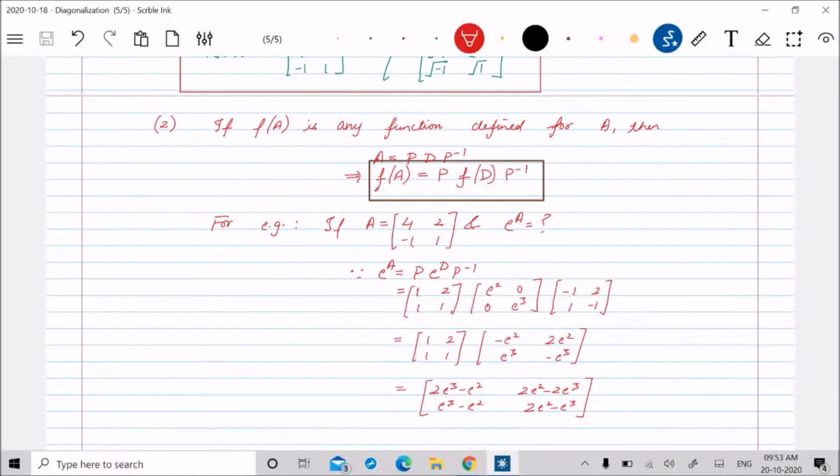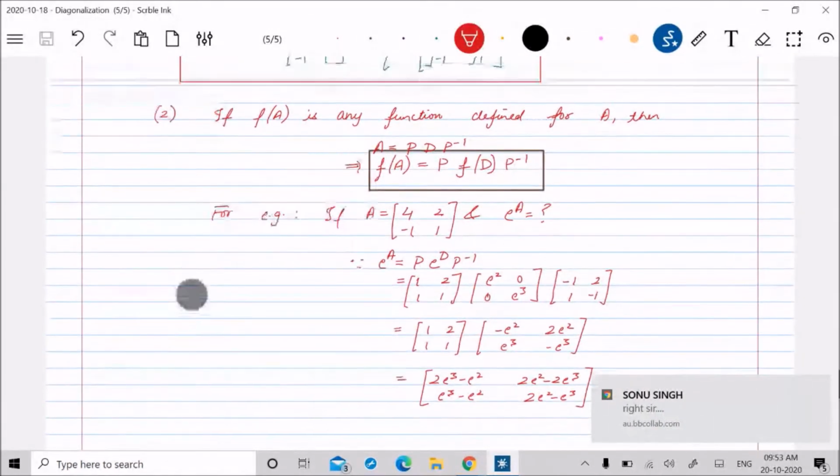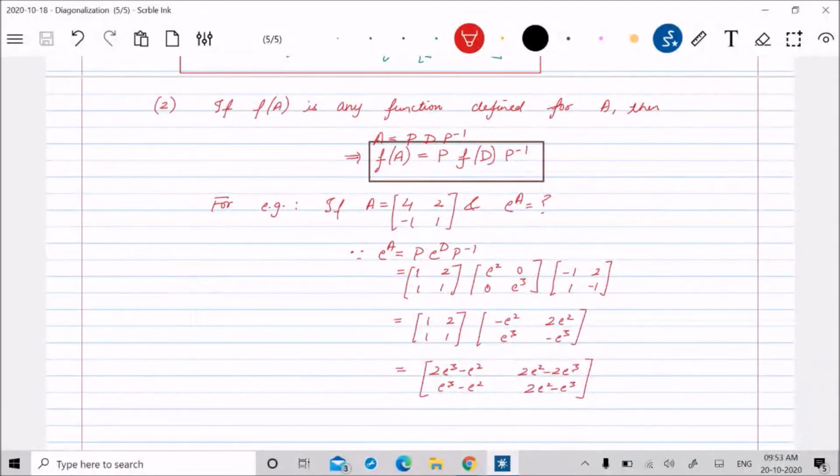Whatever you do with the matrix, the same happens with the eigenvalues, right? So this is e to the power A. Okay, solution done. And now 7 minutes left.